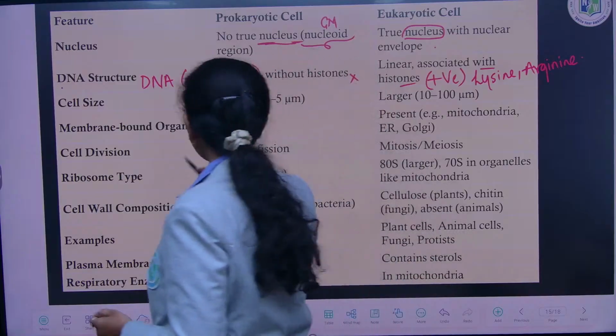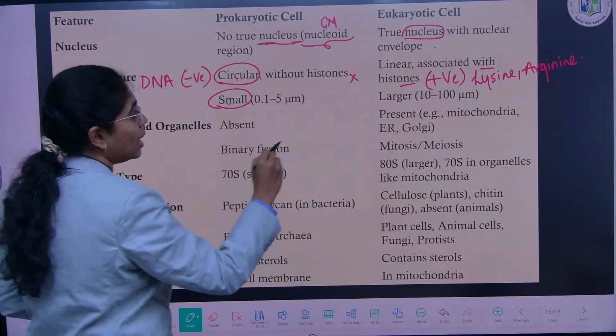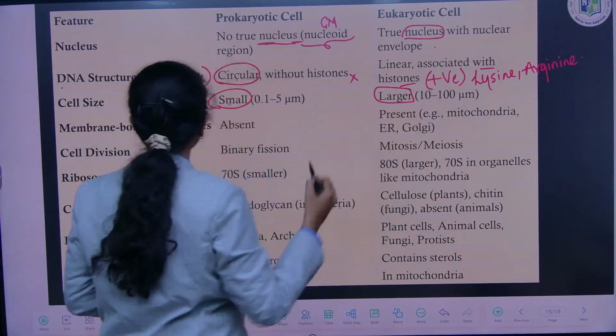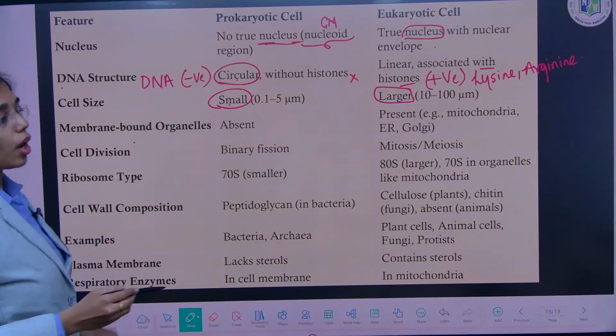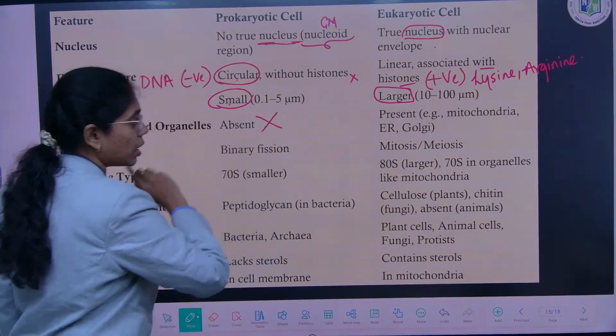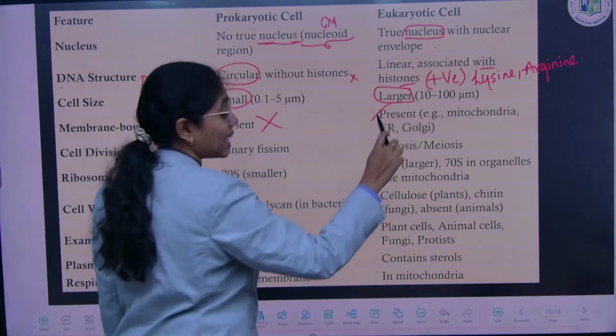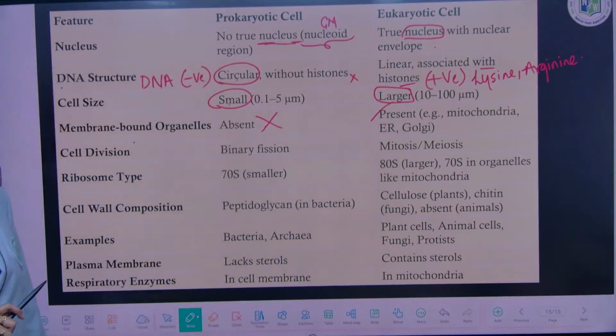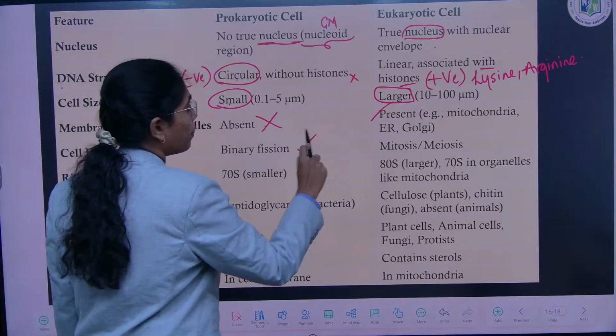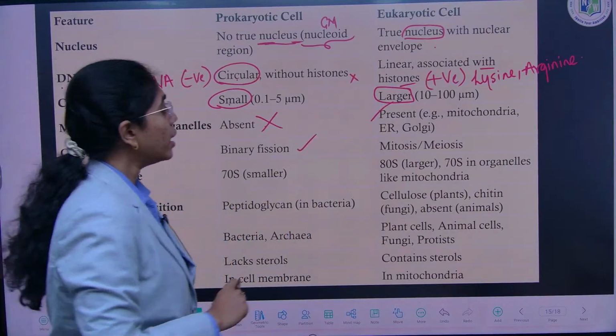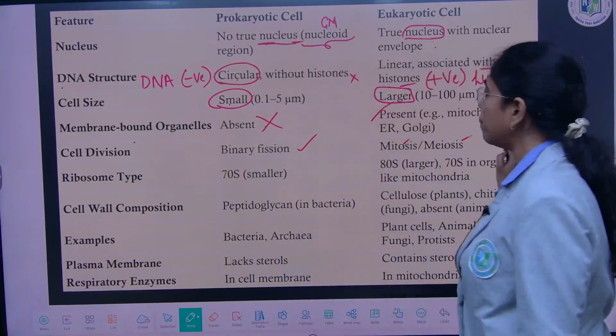Next, cell size is small in a prokaryotic cell, and large in a eukaryotic cell. Membrane bound organelles are completely absent here. Single membrane and double membrane bound organelles are present in a eukaryotic cell. Cell division is via binary fission here, and through mitosis and meiosis in eukaryotes.